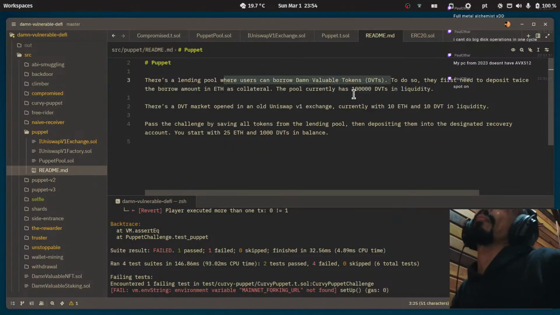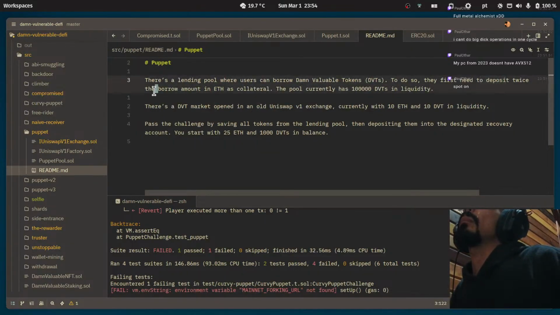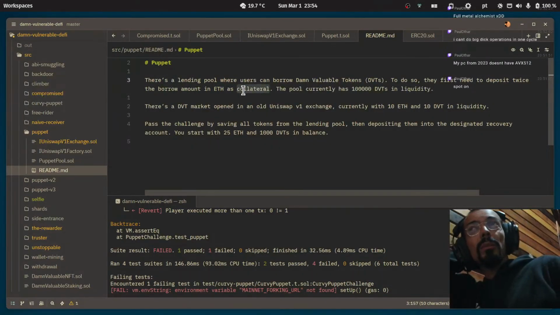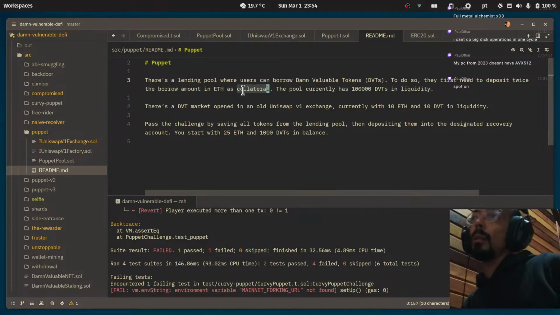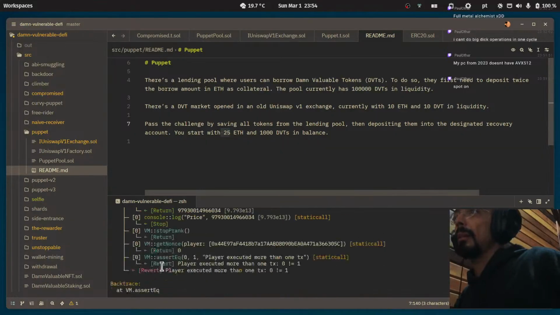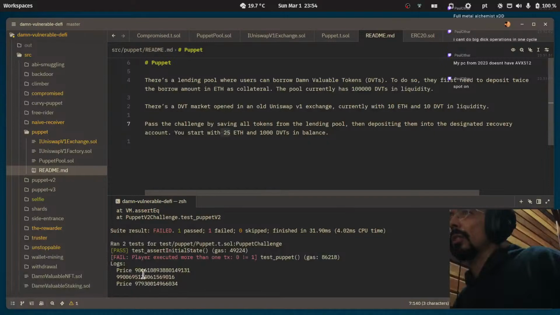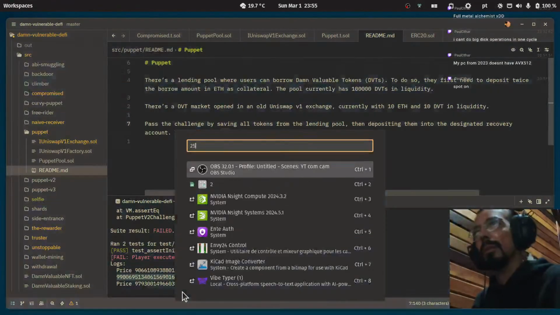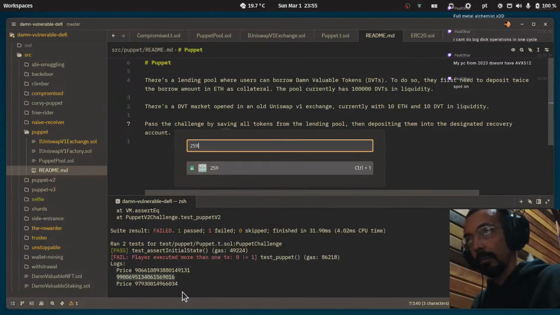Wait. To do so, we first need to deposit twice the borrow amount in Ethereum as collateral. So we have some collateral. We have 25, plus what we got from the exchange. That should be 9.9 Ethereum, right? So we have 25. Let's go, 9.